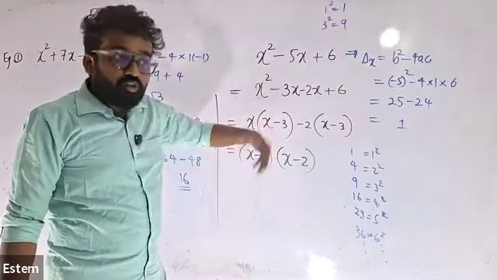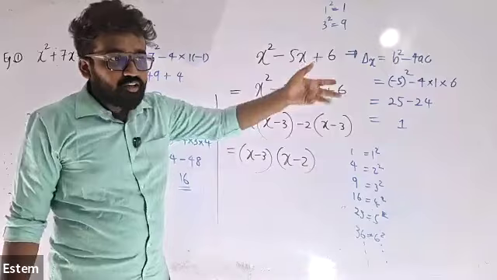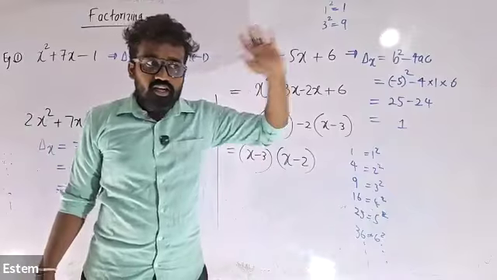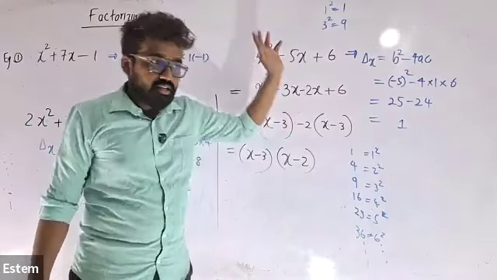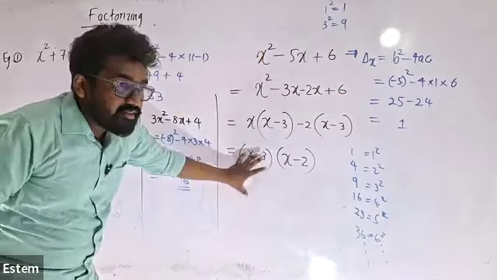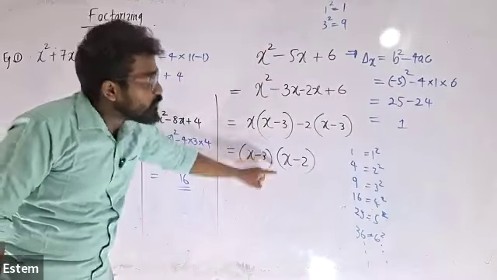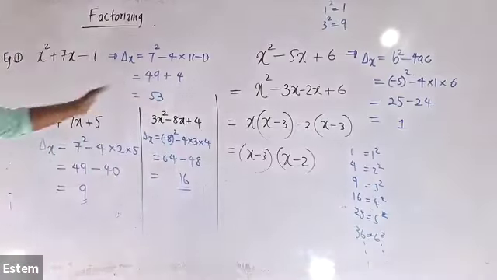These are very important to know before you get into integration. There's a partial fraction part also there. Did you get that? In this way, you can factorize all these things.